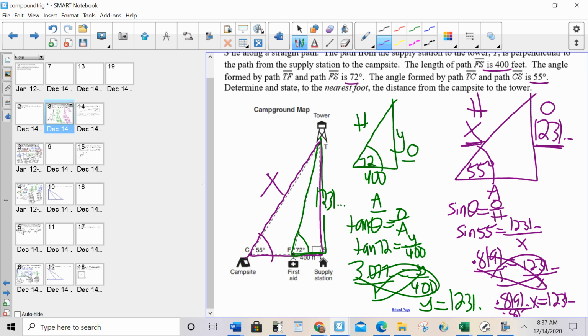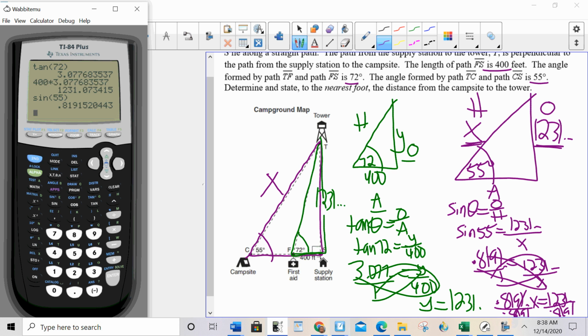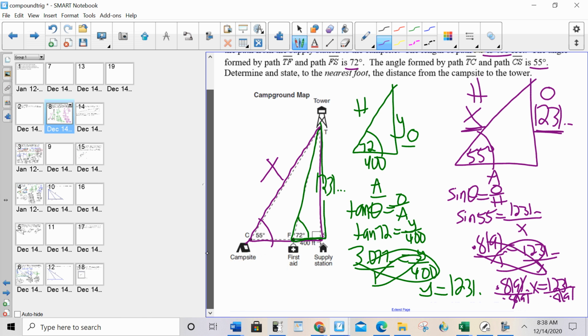Divide by the 0.8191. So be careful here. I'm doing the 1231 divided by the 0.8191, and I get 1502.86 whatever. To the nearest foot, that is 1503. And that's the answer.